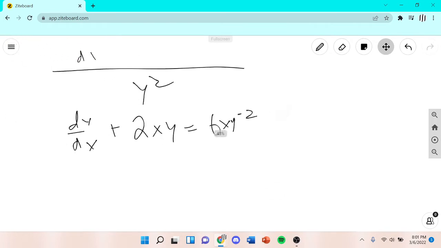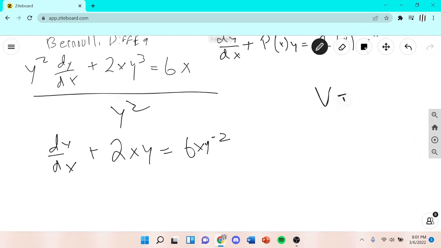What we want to do is set this to a variable called v, and this v is used in many substitutions. You use it in homogeneous first order, in composition, and I think it's also used in the other two as well, reducible second order and embedded derivative.